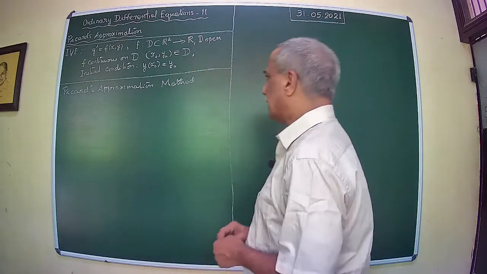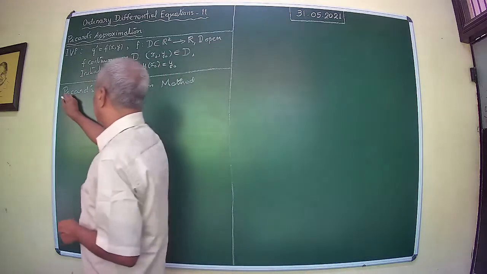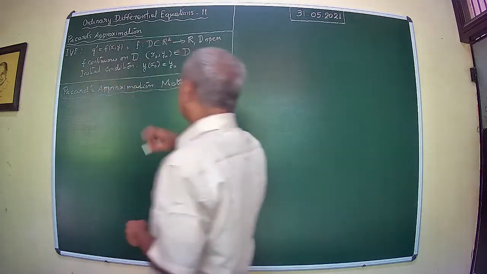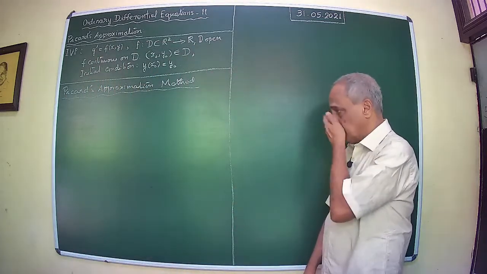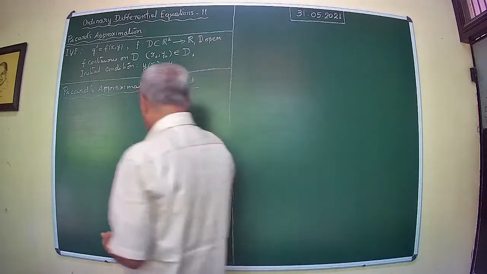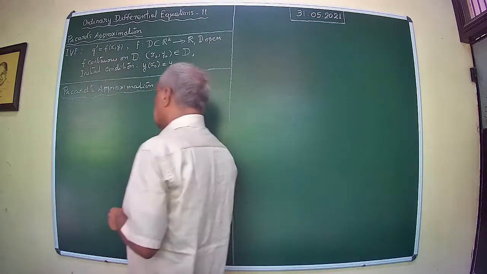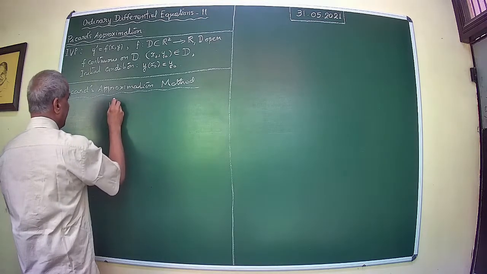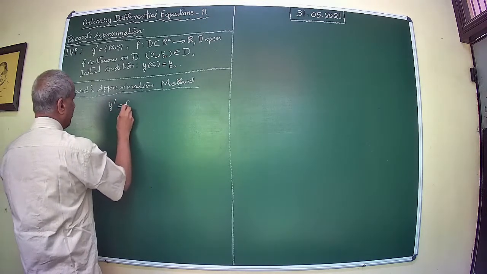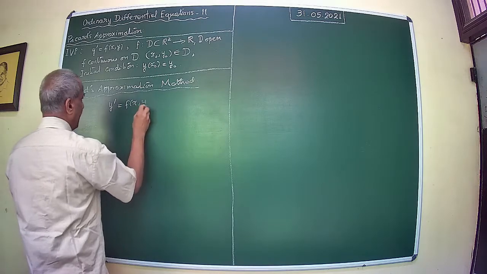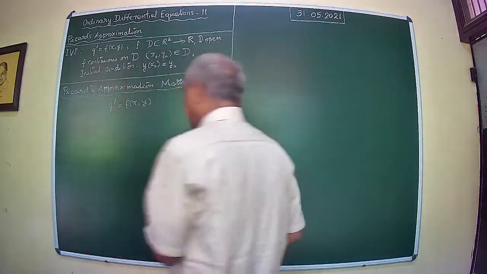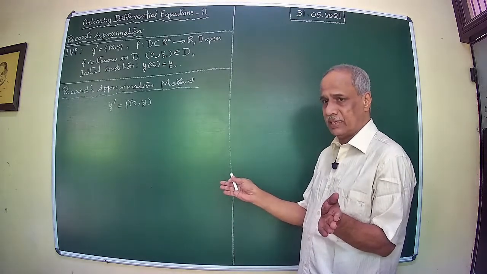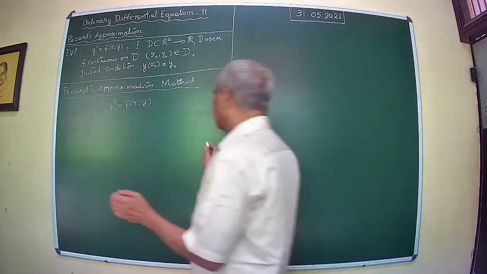Now you see that the idea is the following. I have put down the initial value problem on the top. The equation that you have to solve is y dash equal to f of x, y.